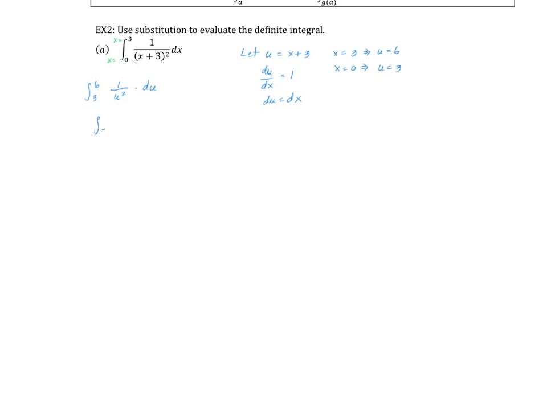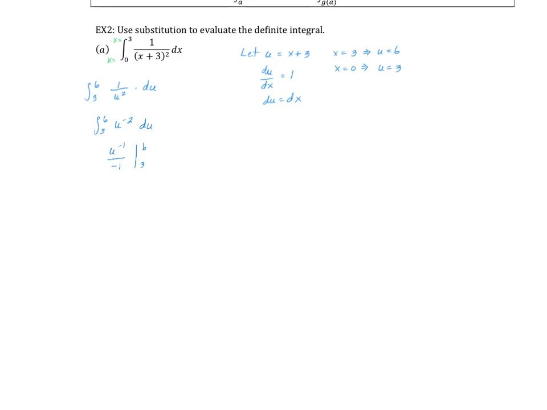This is the integral from 3 to 6 of u to the negative 2 du, which is u to the negative 1 over negative 1, evaluated from 3 to 6. I do not have to substitute back in for u because I changed my limits of integration.